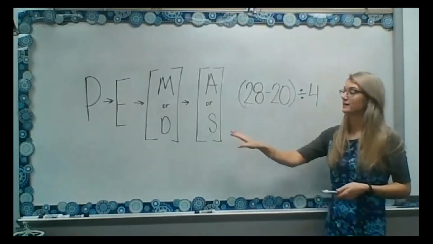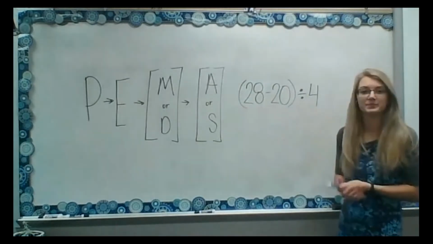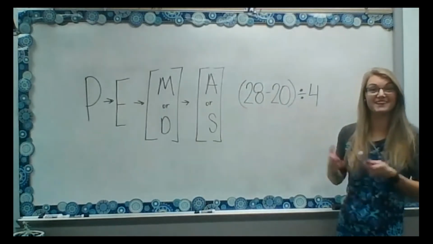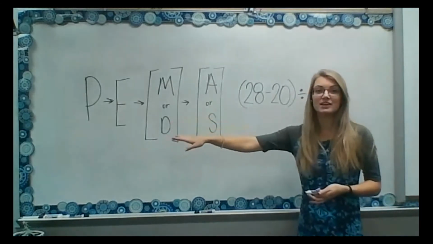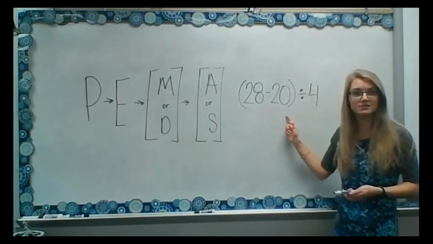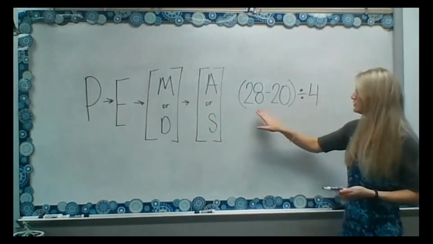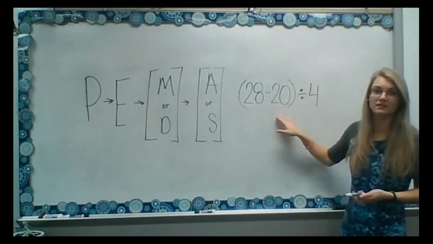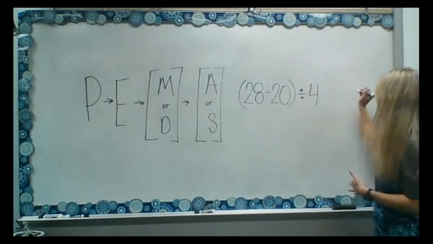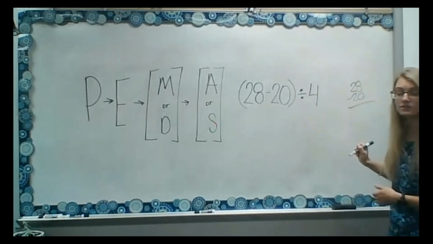Our next problem here is 28 minus 20 divided by 4. Order of operations, you guys are going to get the hang of this, right? Is there any parentheses? Yeah, there is, right? There's parentheses right here. So I have to do what's in parentheses first before I can move on. So 28 minus 20, if you're not sure, you could come over here and do your subtraction, right?